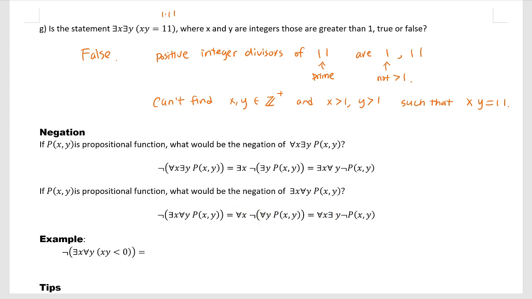So, an analogy. For numbers, we have the negative sign, which flips inequalities.